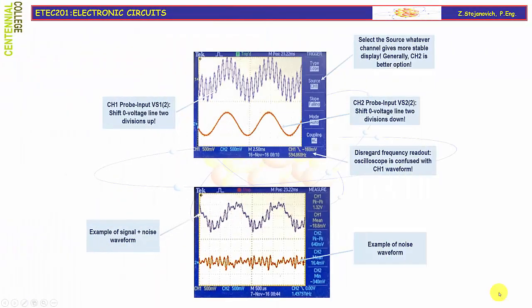To illustrate a very interesting property of a differential amplifier, I prepared two very interesting and exciting experiments. In the top snapshot of the oscilloscope screen, you will see a complex signal consisting of the high-frequency useful signal and the low-frequency interference signal, typically 60 Hz or 50 Hz.